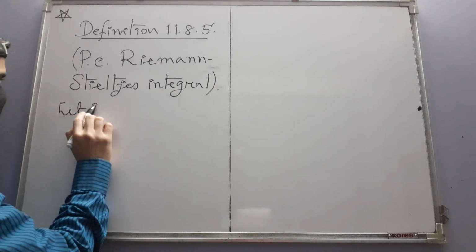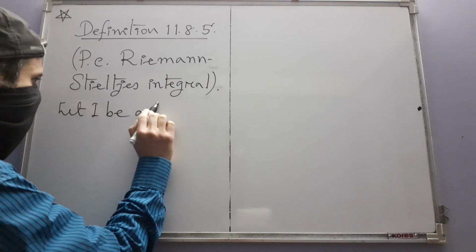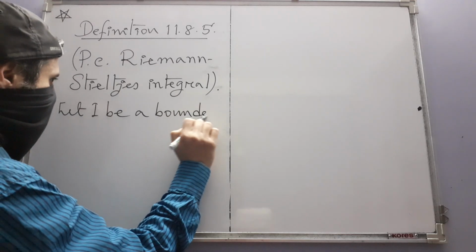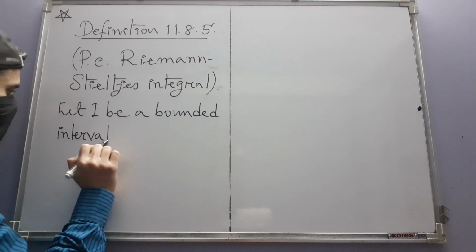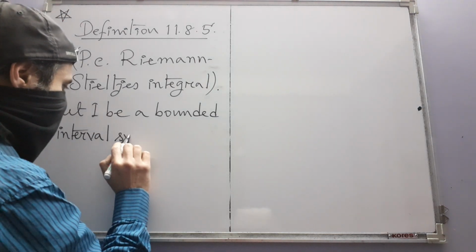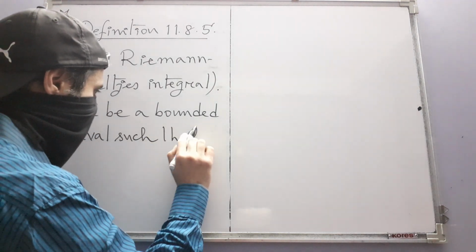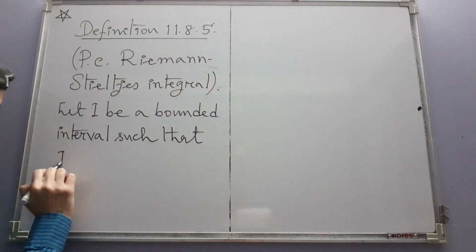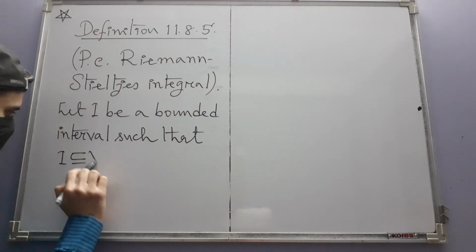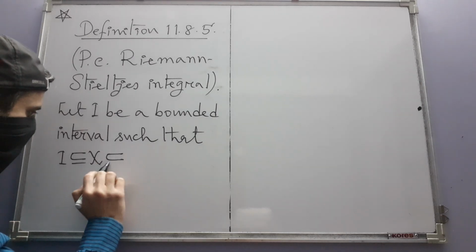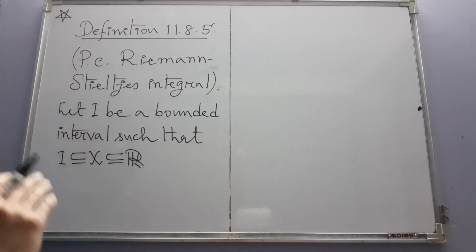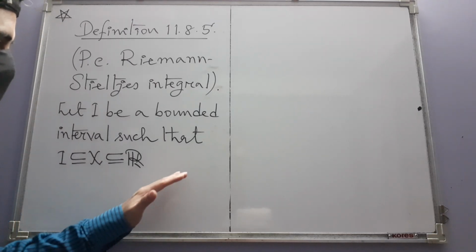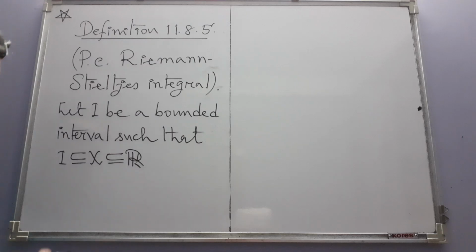Let I be a bounded interval such that I is a subset of X and X is a subset of R. But because we are aware of the little problem we had with the definition of alpha length, we keep this condition intact.